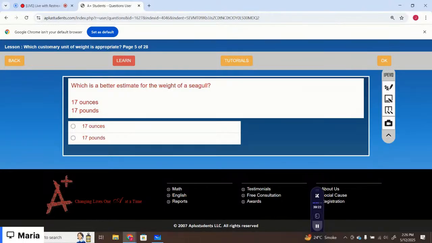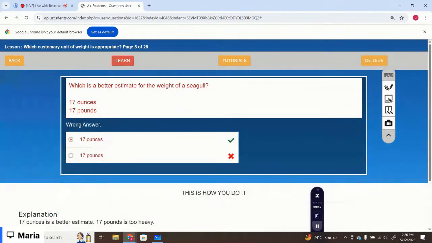Which is a better estimate for the weight of a seagull? 17 ounces, 17 pounds. I think 17 pounds. Option number two is the correct option.